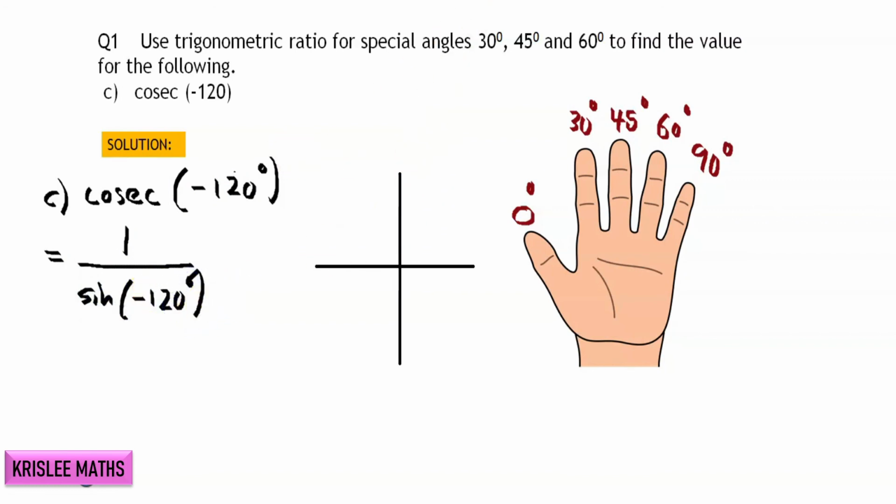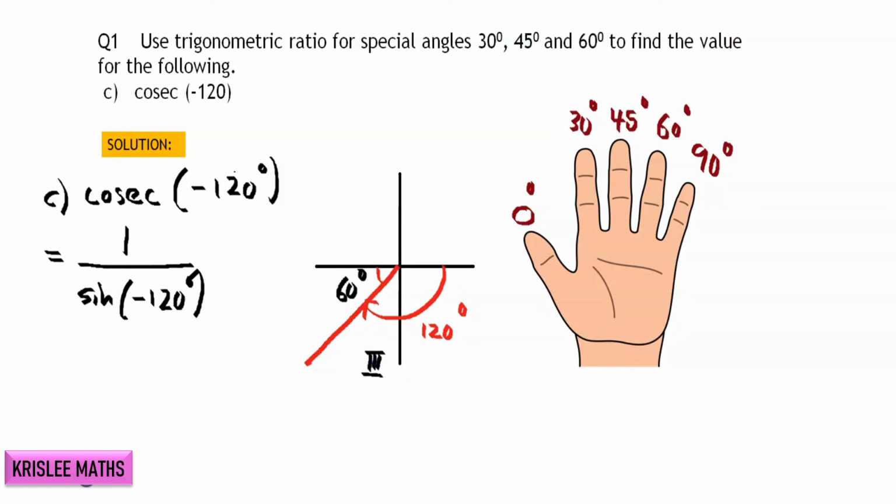Here negative 120 is a negative angle, therefore from the positive x-axis you will go in clockwise direction. So this is 120 degrees, therefore the acute angle will be 60 degrees. And you are in the third quadrant.